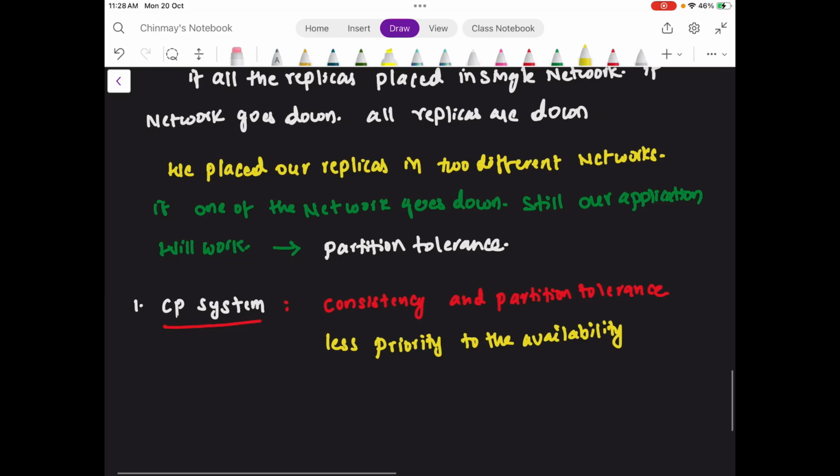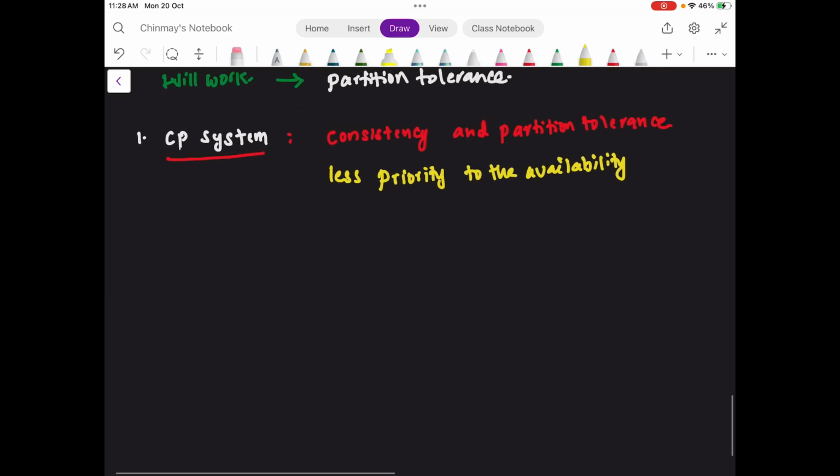A simple example for the CP system, generally the usage is payment systems. Payment systems should maintain the consistency behavior rather than availability.